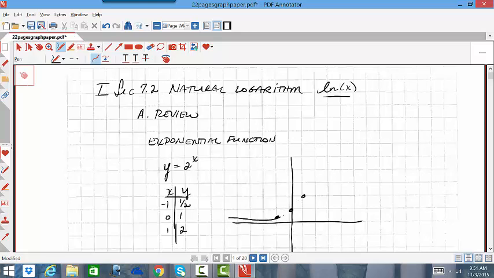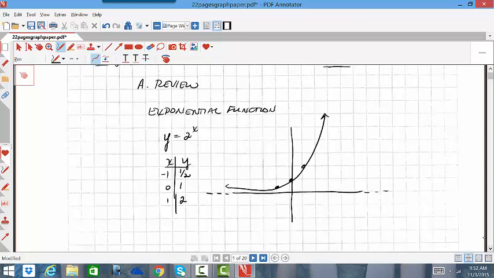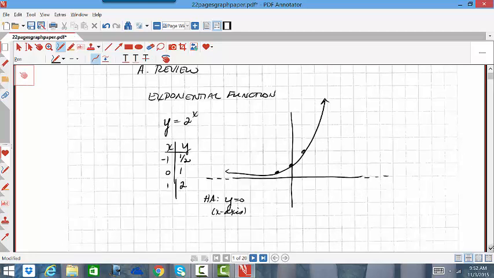It looks like this. It's an always increasing function growing exponentially, and it has a horizontal asymptote, which is the x-axis. So the equation of the horizontal asymptote is y equaling 0, which again is the name of the x-axis. So that's your most basic exponential function.